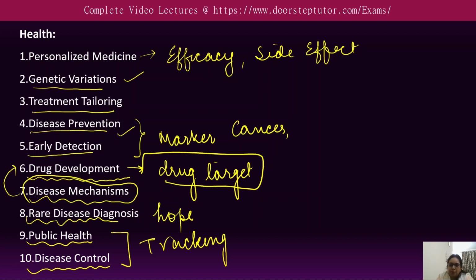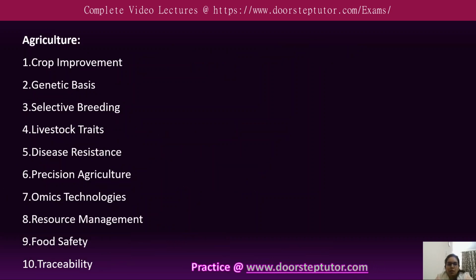As we saw in recent years with COVID-19, an infectious epidemic disease, by tracking the disease we get to know how to control it and what symptoms to look for. All these things can be tracked with the help of genomics.